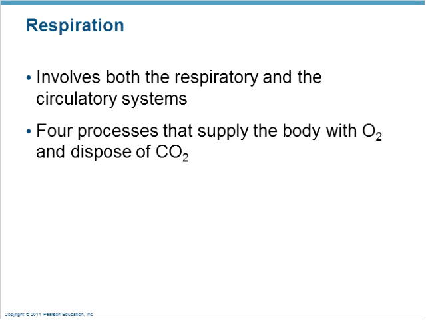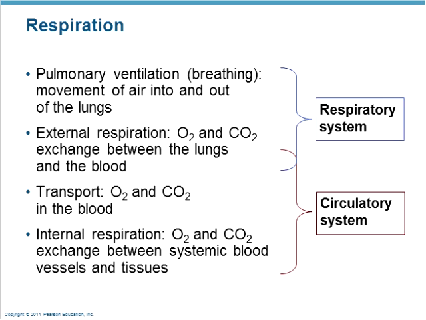There are four processes that supply the body with oxygen and help to remove carbon dioxide, oxygen being an important element as far as our respiration is concerned, our cell life, and CO2, carbon dioxide, being the leftover of that metabolism.